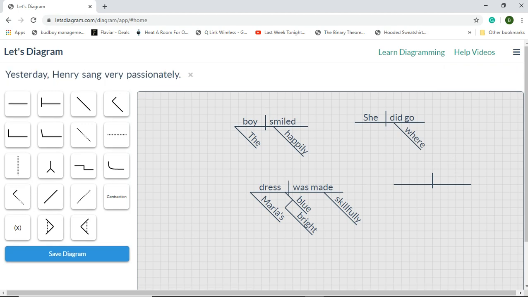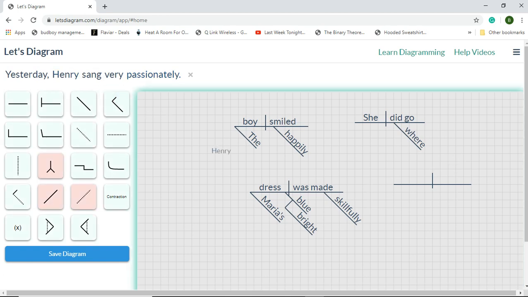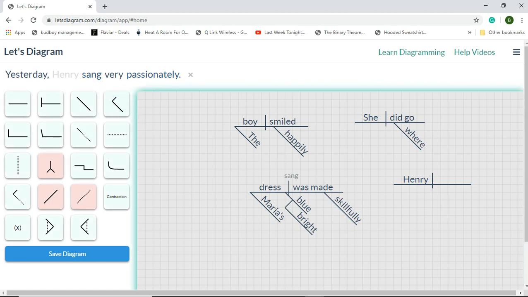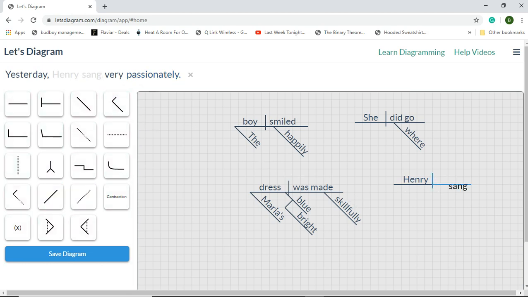What is the subject of the sentence? The subject of the sentence is Henry. Henry is the subject of our sentence. Okay. Our verb is sang. What is Henry doing? He's singing. Okay.